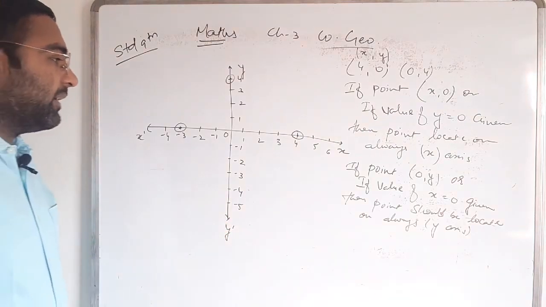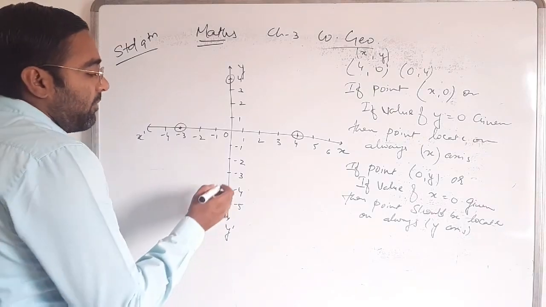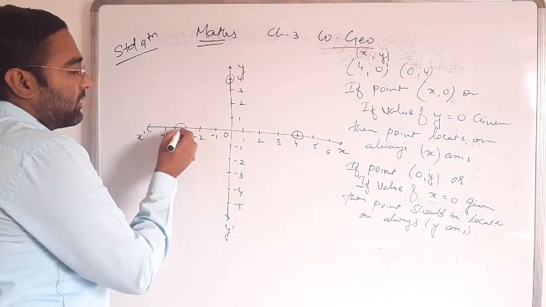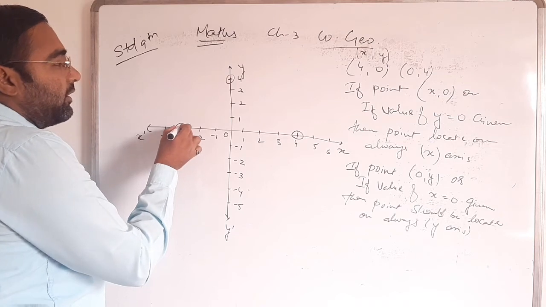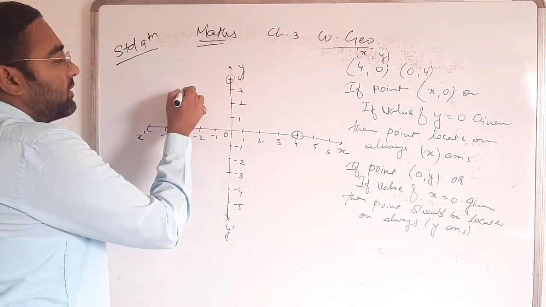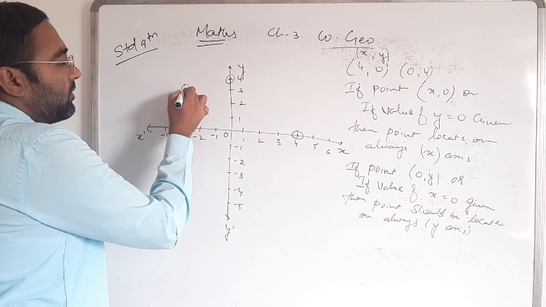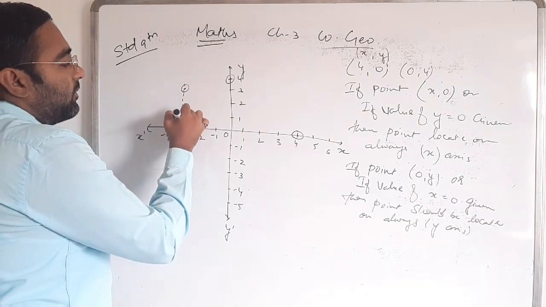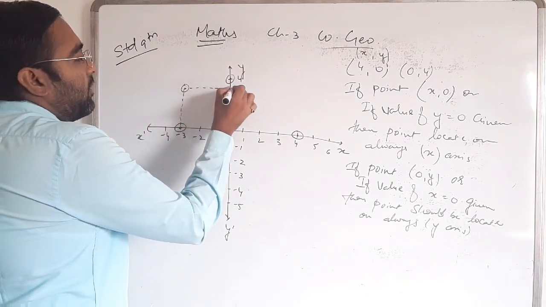Now minus 3 comma 3: x is minus 3 and y is 3, so it is located here. Clear that?